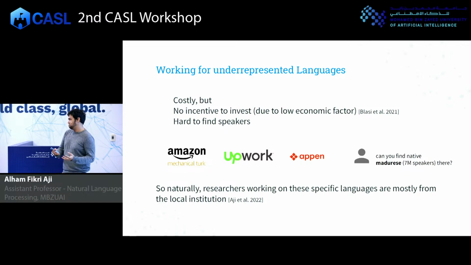Now, if we know that datasets are the problem, then why don't we work on that, right? It's costly. Creating datasets is expensive. Working on NLP for those languages is expensive. However, according to Blasi, the people who can work at scale on these languages are usually companies. They have the budget to do that. Universities usually don't have enough budget. However, companies don't really have an incentive to work on those languages because of economic factors, right?